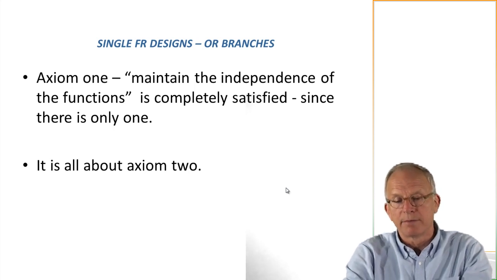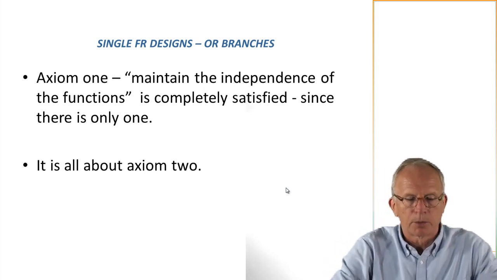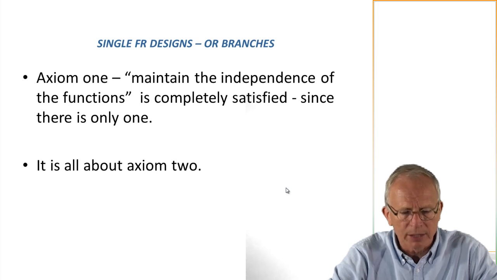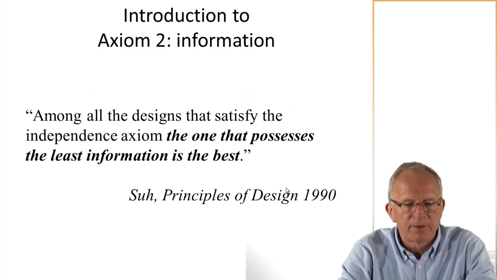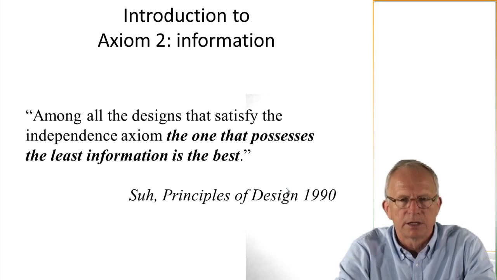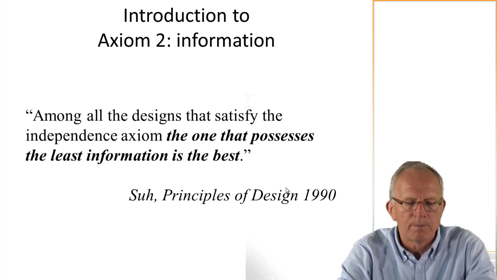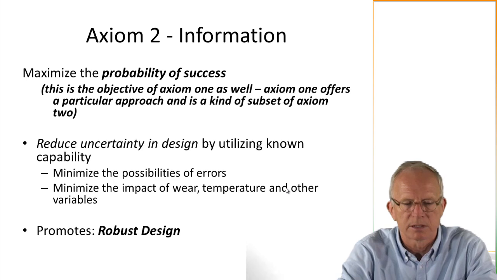Now sometimes we have a design that just has a single FR and single branch, in which case, if we only have one FR, then the only axiom we're concerned with is axiom 2. So as we said, if axiom 1 is satisfied by several designs, then we use axiom 2 essentially as a selection criterion, to select the one with the minimum information, the one that possesses the least information or the greatest probability of success.